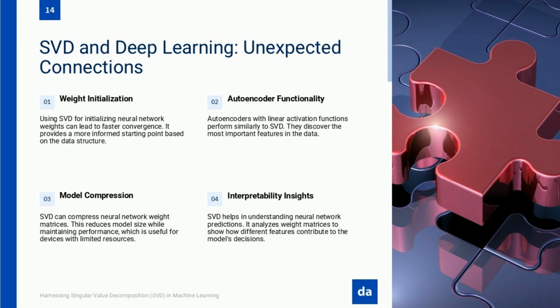SVD also offers a window into neural network interpretability, one of the most challenging aspects of deep learning. By decomposing the weight matrices of trained networks using SVD, researchers can analyze the contribution of different features to the model's predictions. The singular values and vectors reveal the underlying structure of the learned representations, making it possible to understand which directions in the input space most strongly influence the network's decisions.